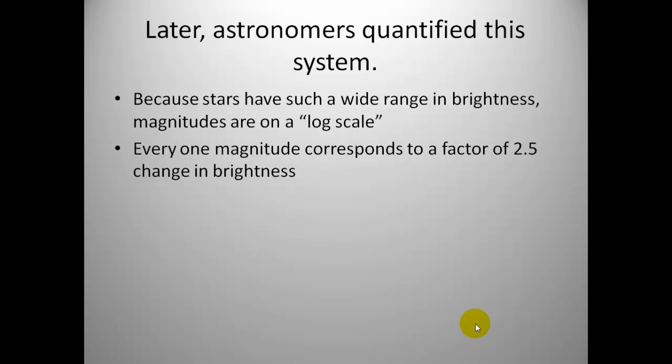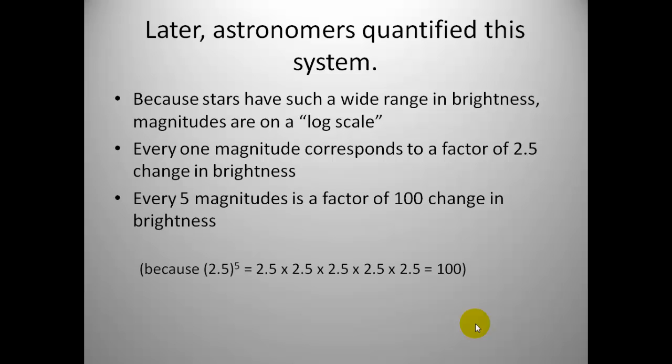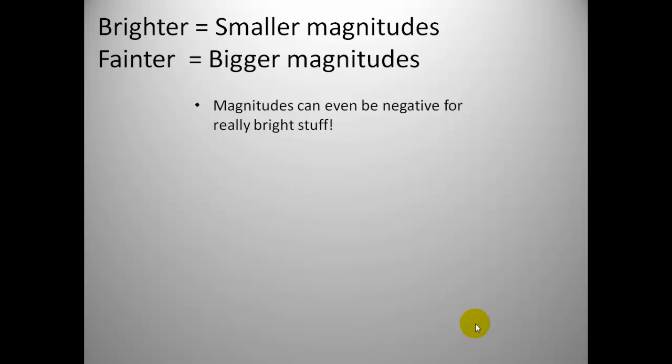It gives out 2.5 times as much energy as far as we're concerned. 5 magnitudes is a factor of 100. So each magnitude is a factor of 2.5, so it's 2.5 to the power of 5, and that will give basically 100. You try that with your calculators.